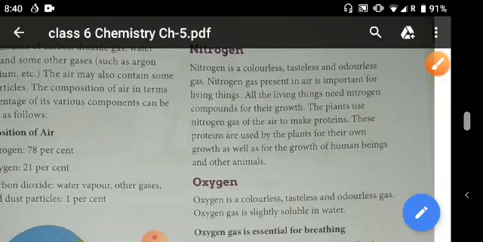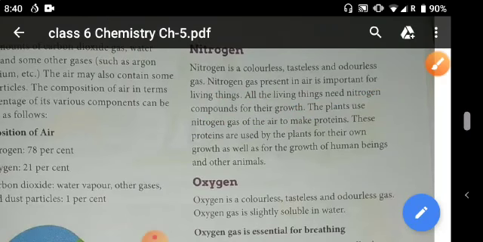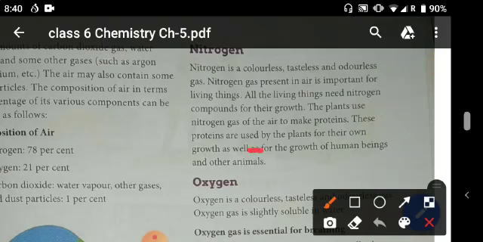The plants use nitrogen gas of the air to make proteins. It means with the help of nitrogen gas, protein is formed, and these proteins are used by plants for their own growth.